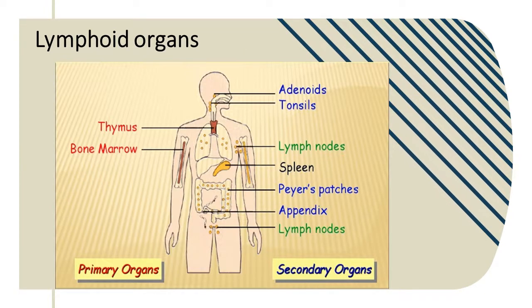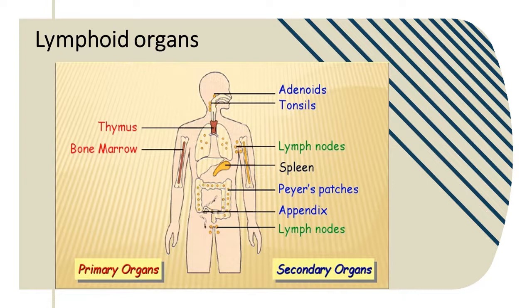This diagram also shows both primary and secondary lymphoid organs. As I said, the primary lymphoid organs where lymphocytes develop in the postnatal life include bone marrow and thymus.